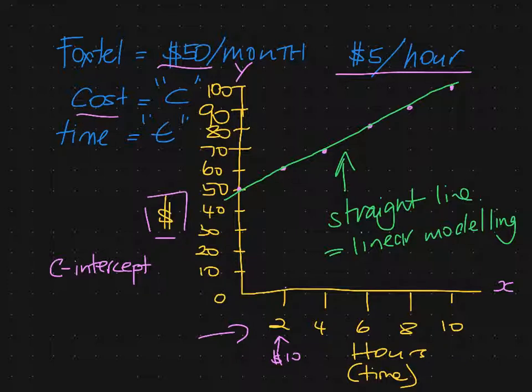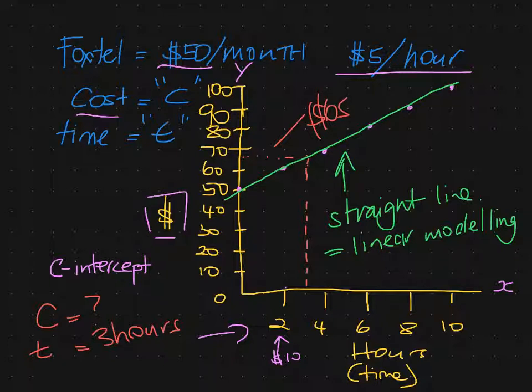Now let's say we wanted to work out how much it is going to cost if we had a time of 3 hours. So we'll go across to our 3 hour mark, which is about there. We can go up. So we know that that's going to cost us approximately $65.